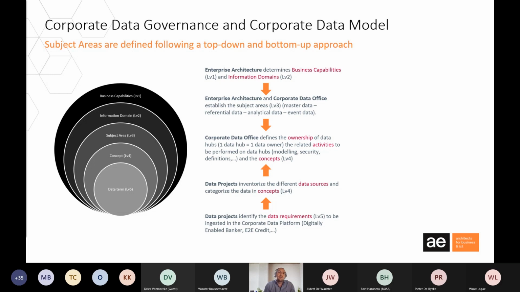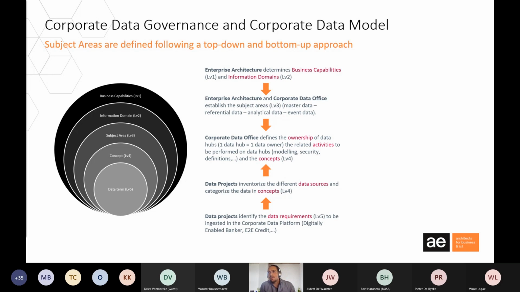Now, the business capabilities themselves take a while to create. They're not always as easy to define as we wish. So in my opinion, the least that we really need to do is define which kind of information domains are relevant within our context, and even more important, what kind of subject areas are part of an information domain.